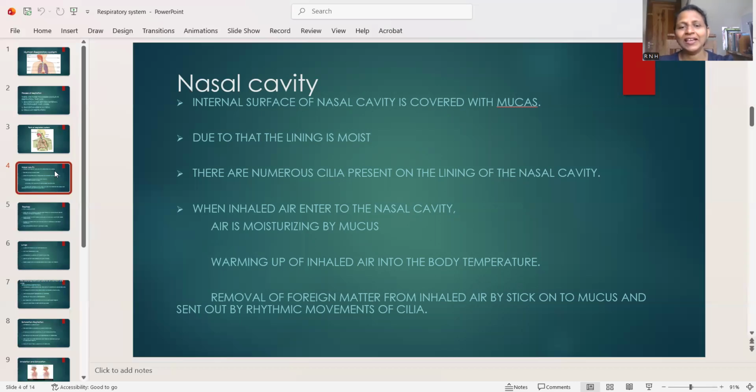When we inhale, the air is moistened by this mucus. The air is also warmed up to body temperature, and the foreign matter in the inhaled air is removed by sticking onto the mucus, and after that it is sent out by the rhythmic movement of cilia.